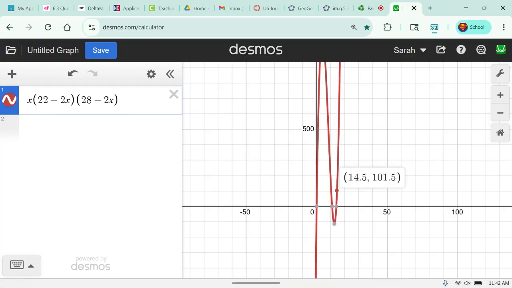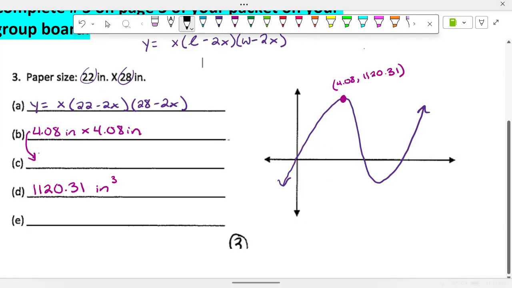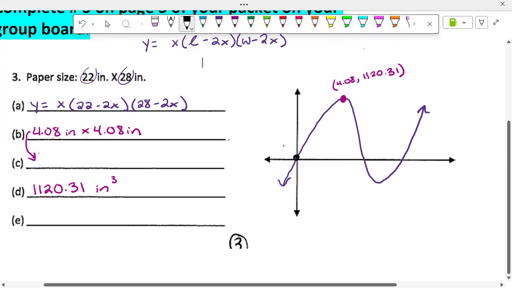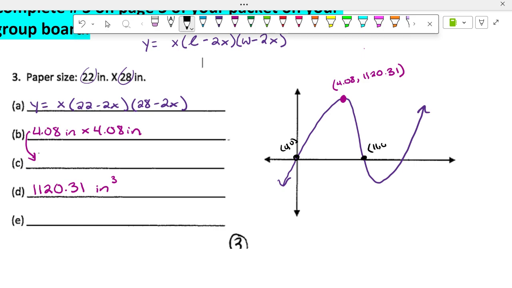So if I go back to the x-intercepts, I got one at 0, 11, and 14. So 0, 0, 11, 0, and 14, 0. Now, between which two x values did I tell you is typically where we want volume to be?